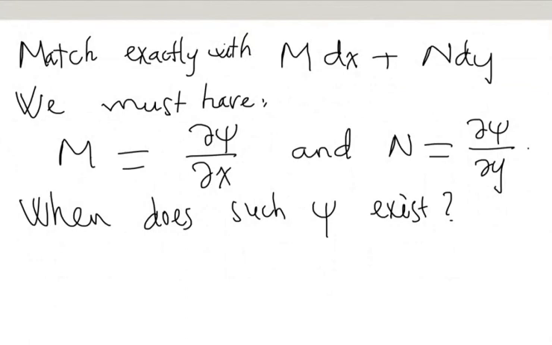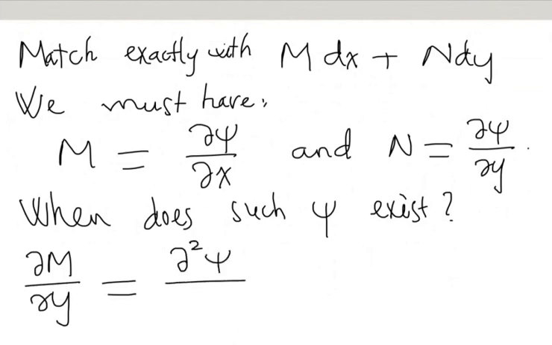So look at the above equation. First, m equals partial psi partial x. What happens if we take partial m partial y? Then we get the second partial of psi, partial y partial x.